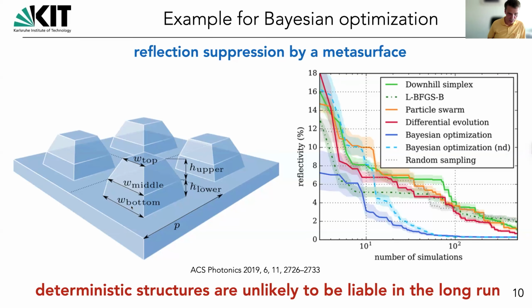However, these deterministic structures, I think, have a problem to a certain extent: they always require top-down nanofabrication techniques for their realization, which in the context of solar cells is unreasonable in the long run, because self-assembled structures that can be fabricated on large scales on short notice are more likely to be a viable solution.